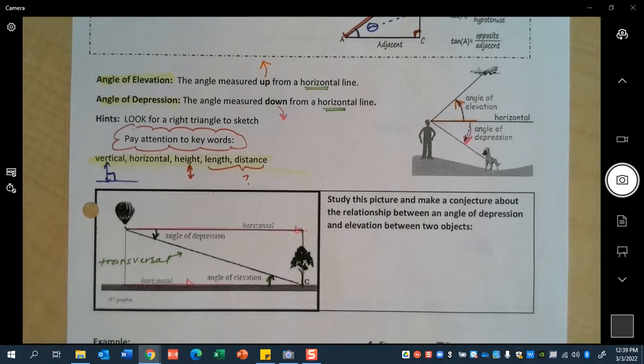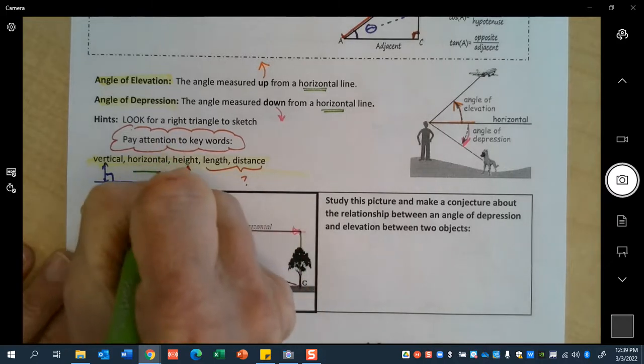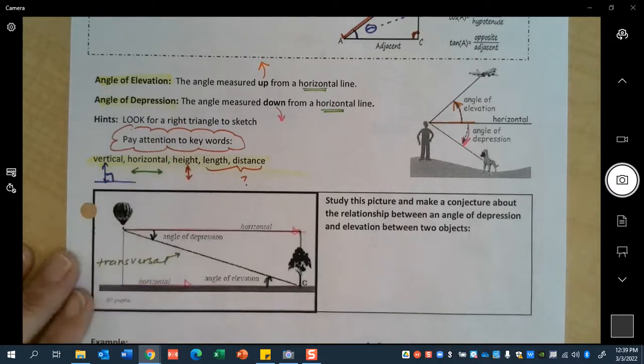If you hear the word vertical, you can go ahead and assume perpendicular. If you hear the word horizontal, chances are they're talking about left-right distance. So they're talking about the flat leg of your right triangle.